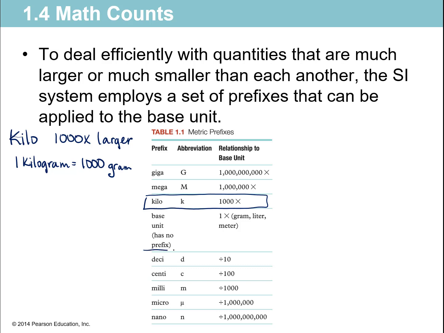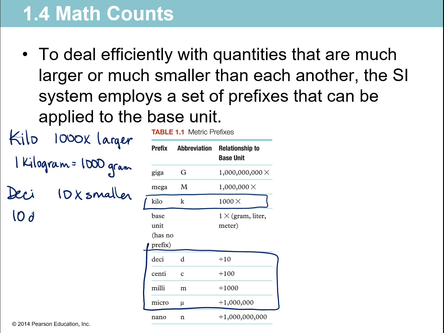The other ones, though, the other 4, are all smaller. Deci, D-E-C-I, put in front of a base unit, tells you that it's 10 times smaller. I always think of like a decimal. Like you go 1 decimal, that's deci. So it's 10 times smaller. So this means I have to have 10 decis to make 1 base unit.